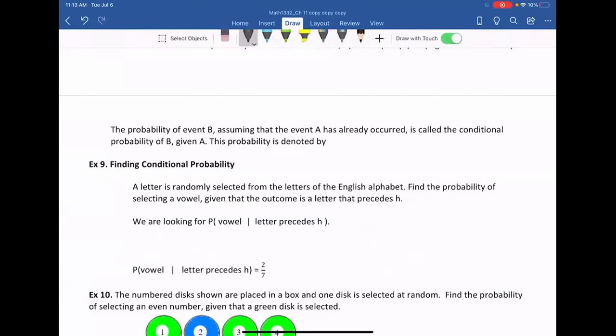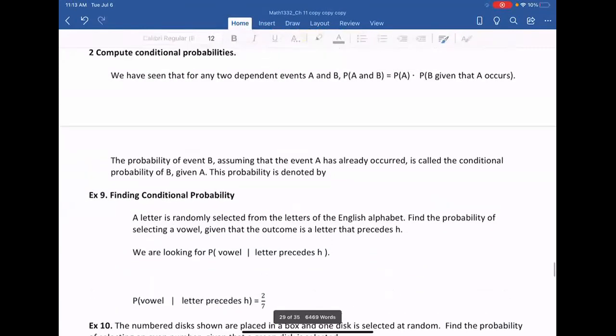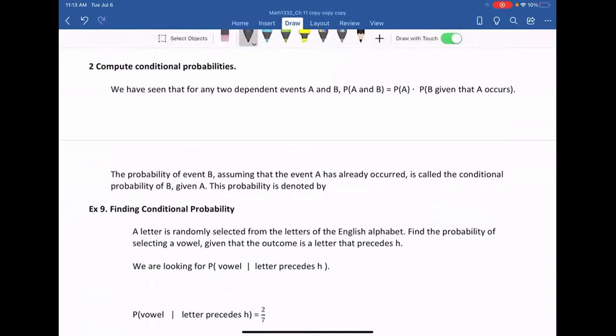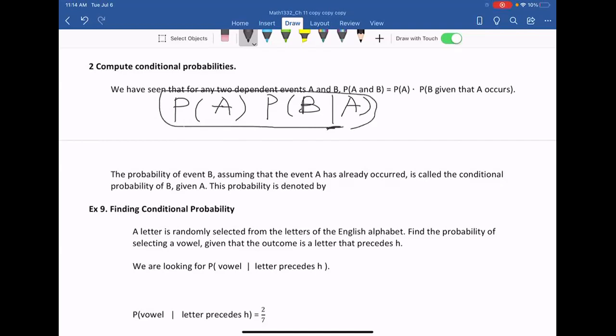Some of it cannot convert properly. So how to denote it? We use P of A times P of B, and given this one, we say it is given the condition that A occurred. So this is the conditional probability.